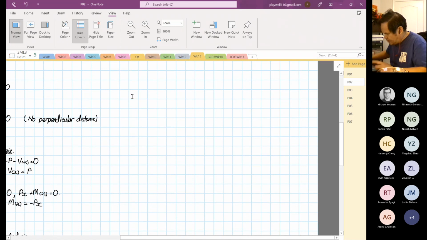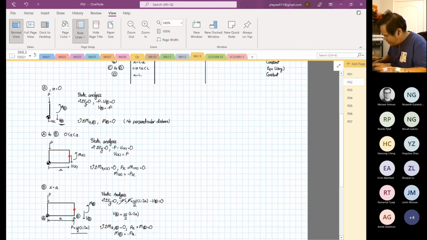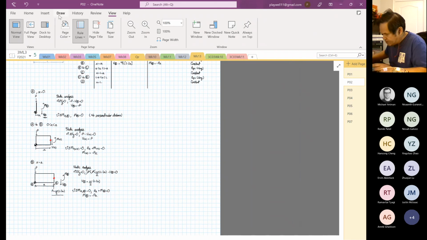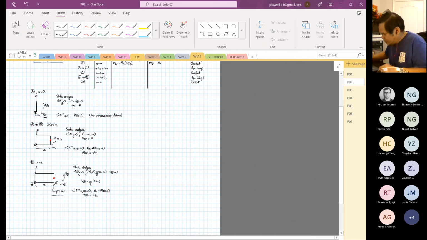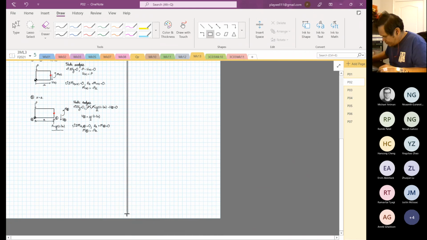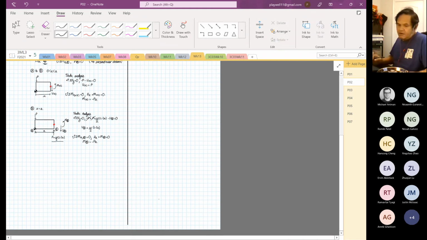And I'm also going to explain why the geometric datum is on the left hand side. Only after we draw the shear force and bending moment equation, then we know why the geometric datum always has to be on the left hand side of the structure.